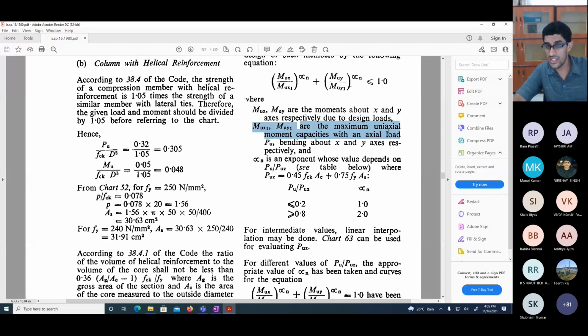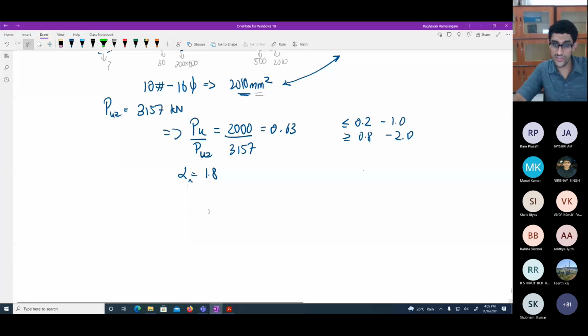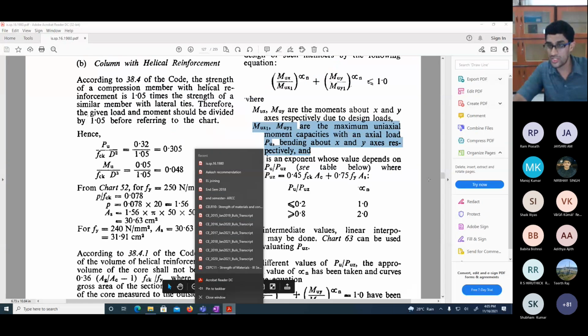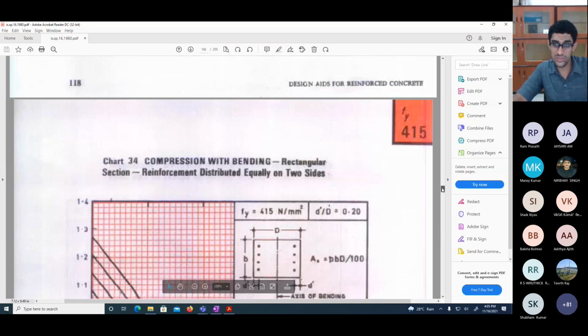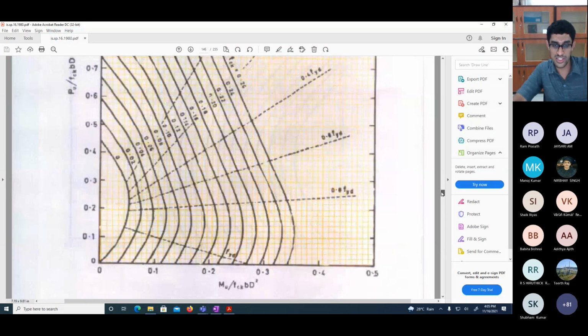MUX1 and MUY1 are the uniaxial moment capacities when an axial load PU is acting about the x and y axis. So in fact you're doing a bit of reverse as compared to what you did for the uniaxial bending problem.